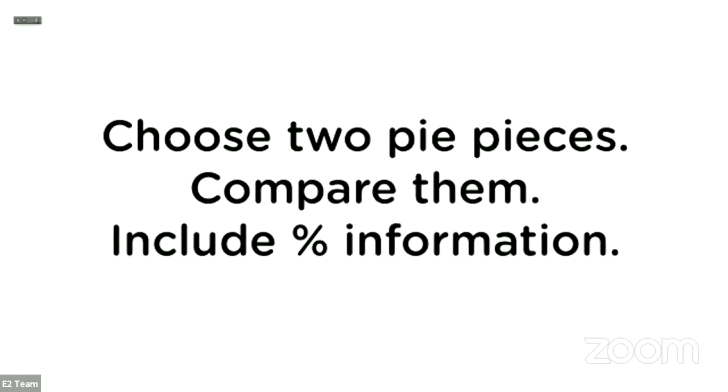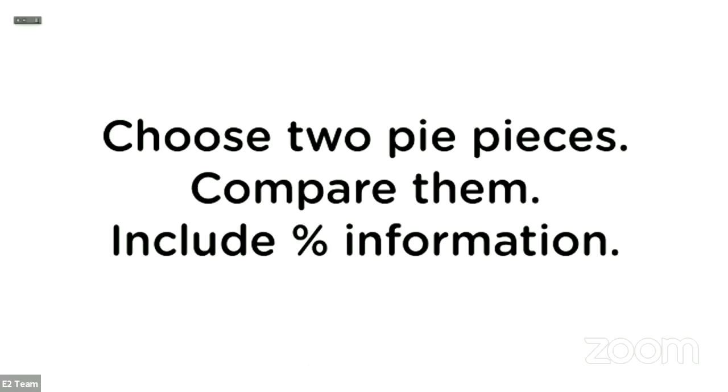So what we do is we choose 2 pie pieces, we compare them, and we include the percentage information. This links back to right at the beginning in the task description that said that you needed to select and compare relevant information.